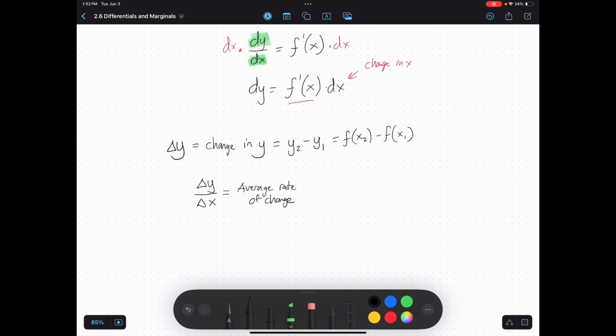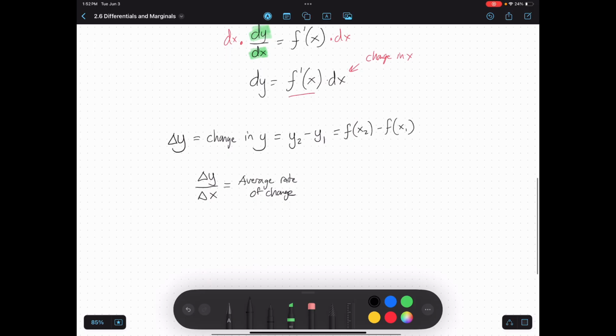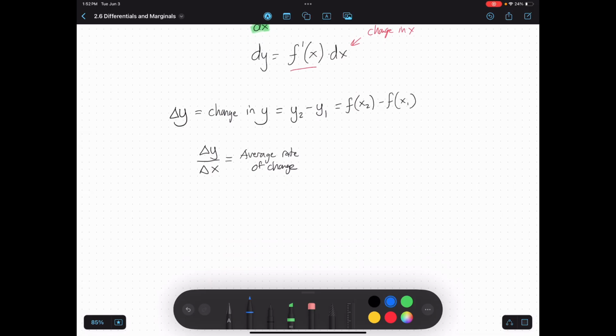And we know that average rate of change is very closely related to the derivative, because the derivative is an instantaneous rate of change. As long as we assume that delta x is relatively small, and I made a point of emphasizing that by saying we were tweaking x, then this average rate of change is going to be really close to the instantaneous rate of change.